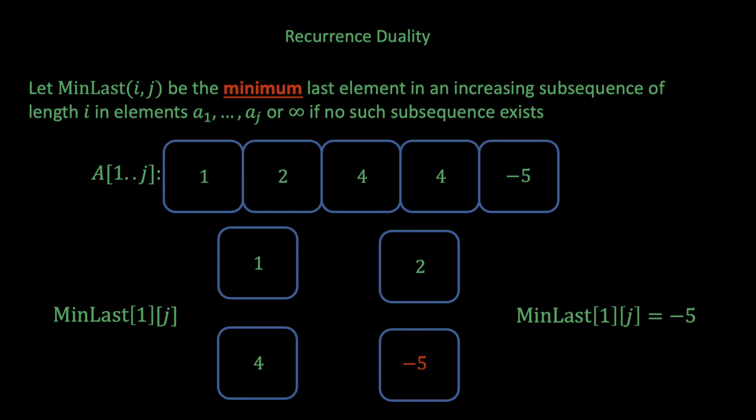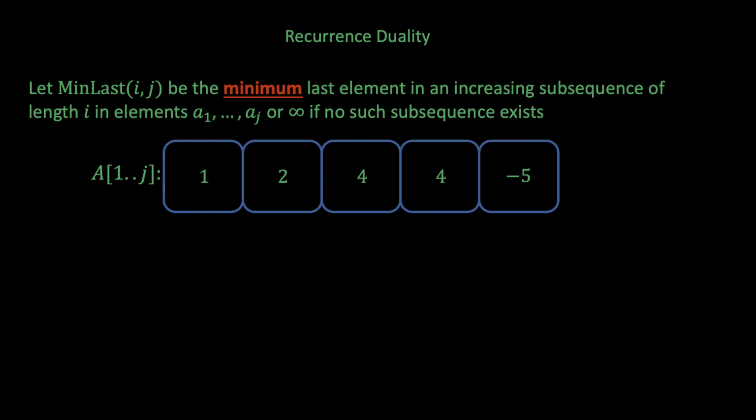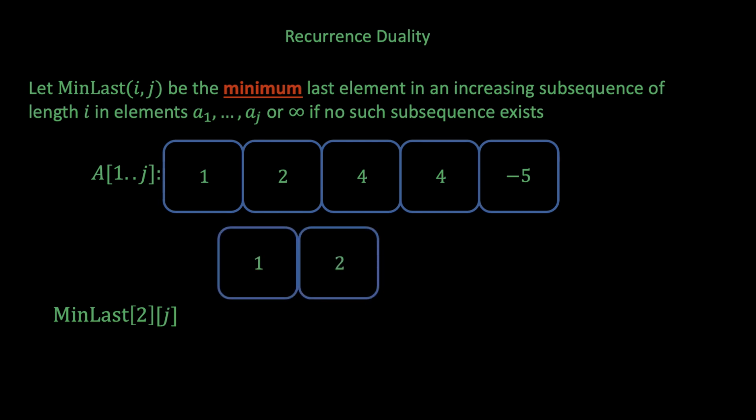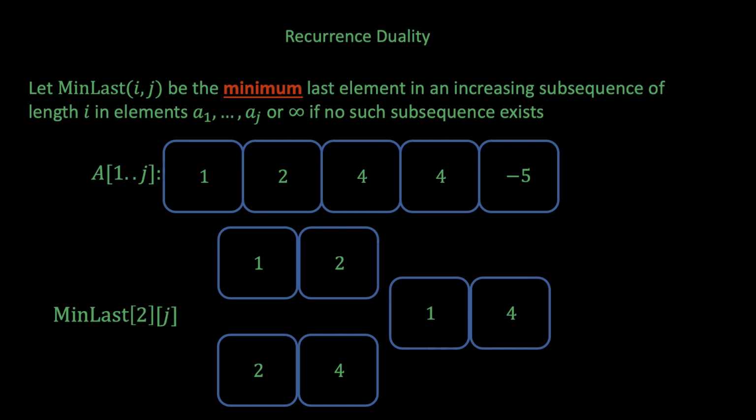To calculate minimum last 2,j, we consider all possible increasing subsequences of length 2 in A1 to j. There are 3 such subsequences, which are (1,2), (1,4), (2,4). The one with the minimum endpoint is (1,2), and so minimum last 2,j is just 2.